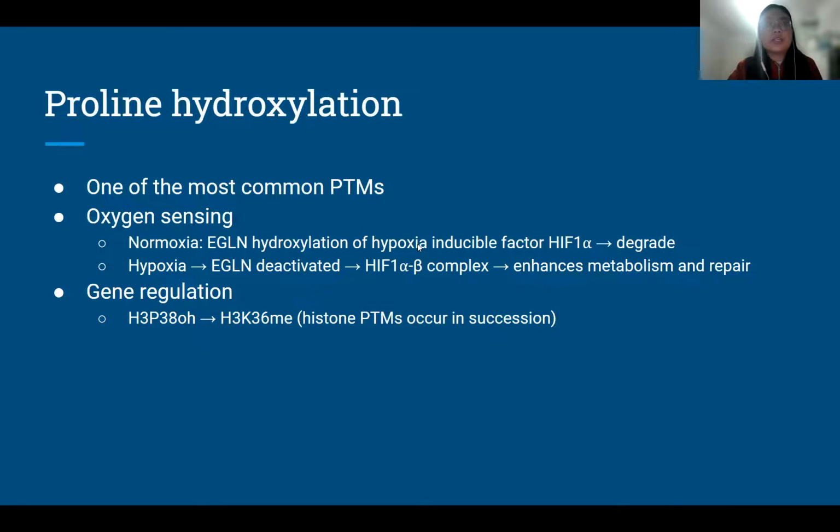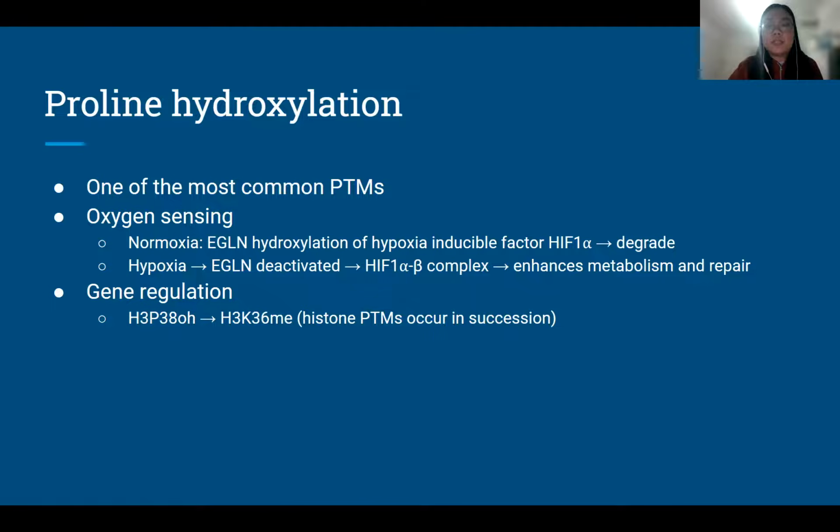Proline hydroxylation is actually quite common, one of the most common PTMs, especially with regards to histones. But I did not have time to go over that. If anybody knows anything about this, just feel free to supplement.